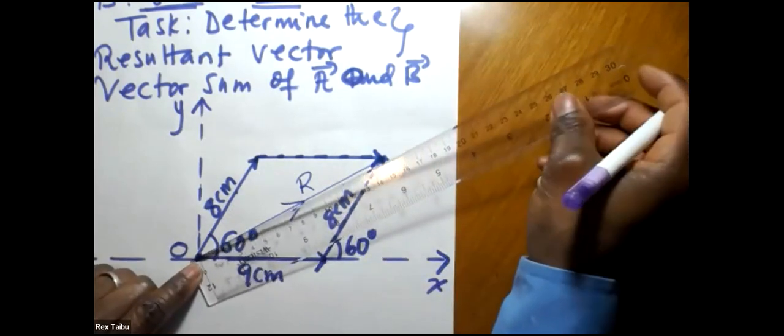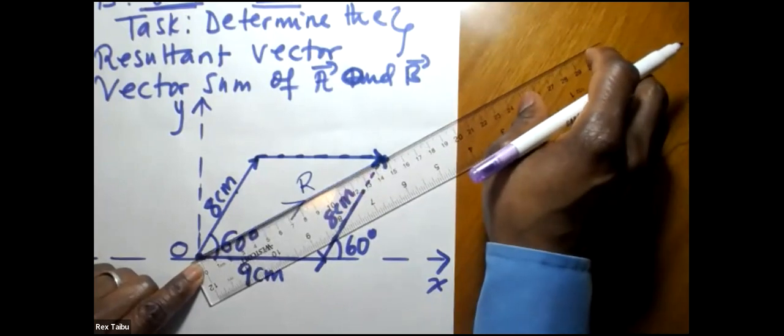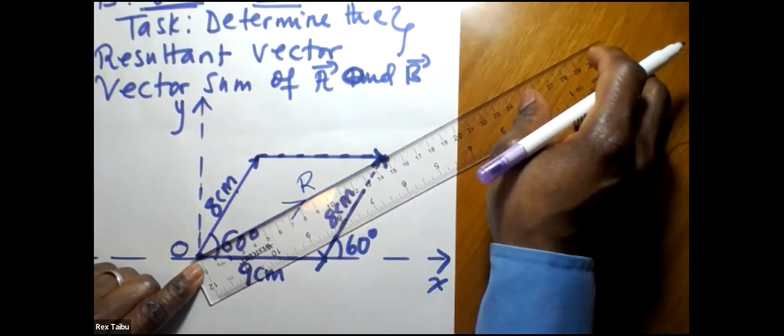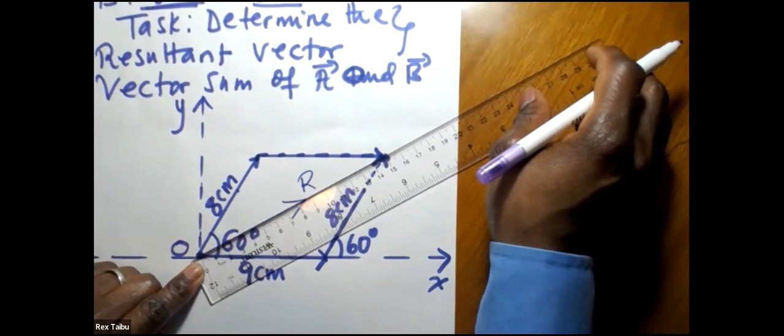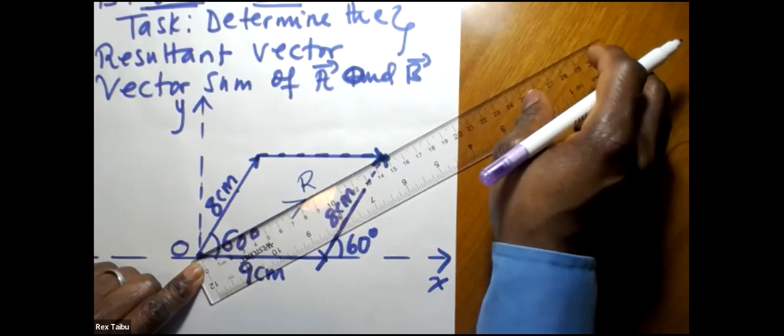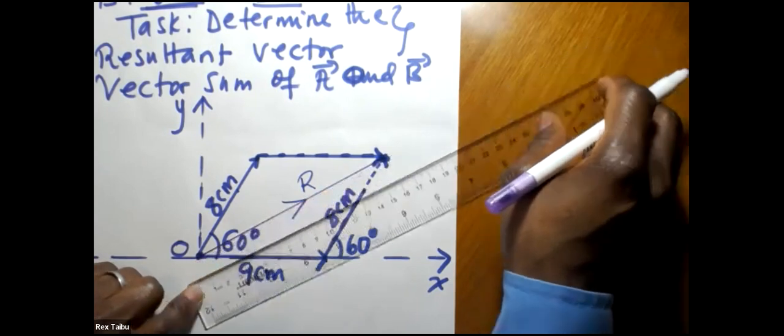So I'll try to measure it here, and I get what? Well, about 14. If I can be as accurate as possible, I can see this is close to 15 or 14.8 maybe.